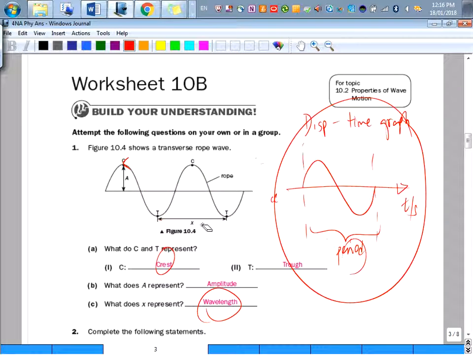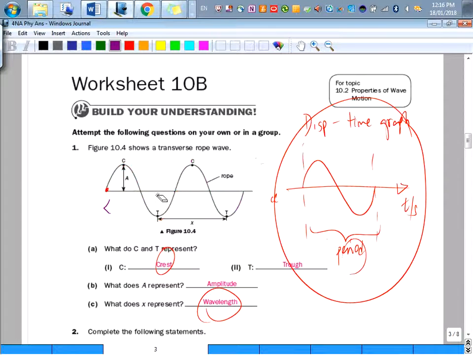What if I choose this point to this point? Do I get a complete wave? Yes, I do. Just repeat this one over here. See, it is repeating again and again. So the distance over here is again lambda.